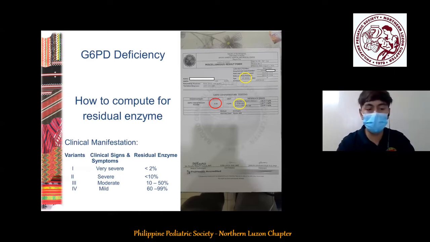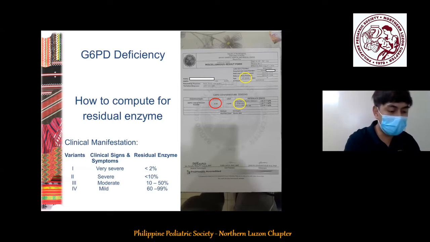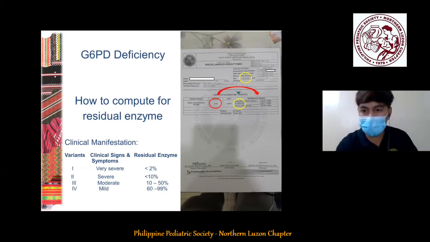Check your cell phones. Calculator, please. Thank you. Open nyo na po. 0.56 times... Okay. You have to divide this by the reference range under 1 to 6 months old.